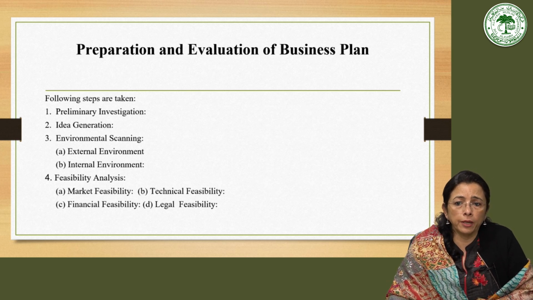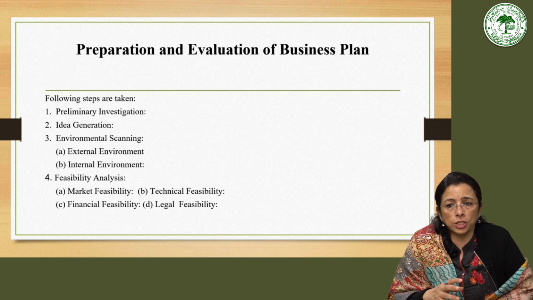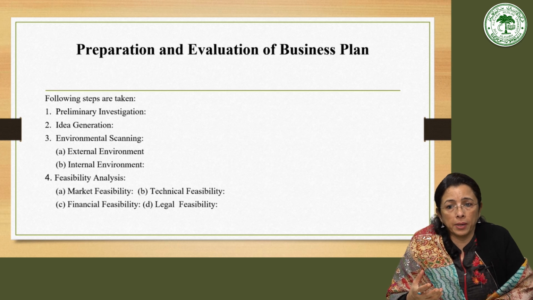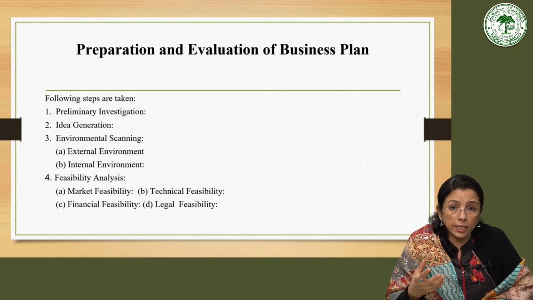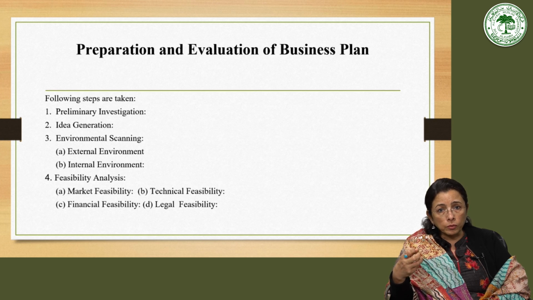To begin with, the first step is the preliminary investigation. The preliminary investigation starts before we prepare the plan, before we start noting down things or working on this. So what an entrepreneur should do is look over and around at any available business plans.